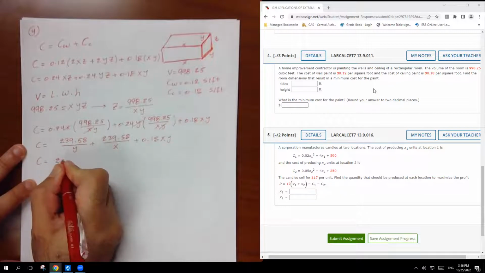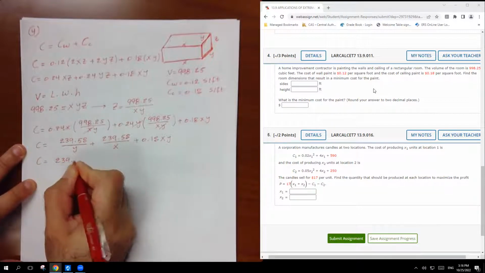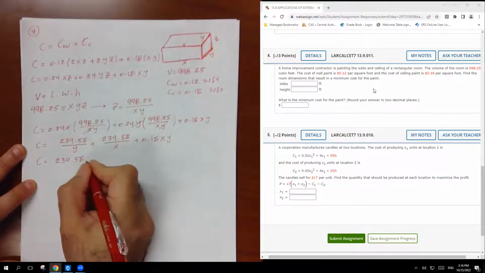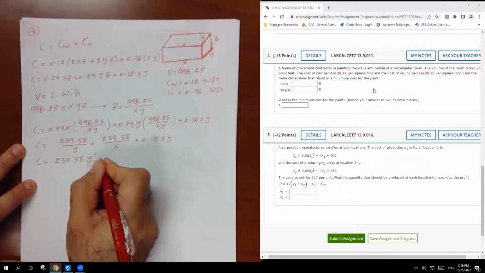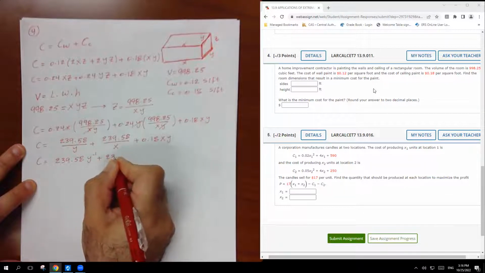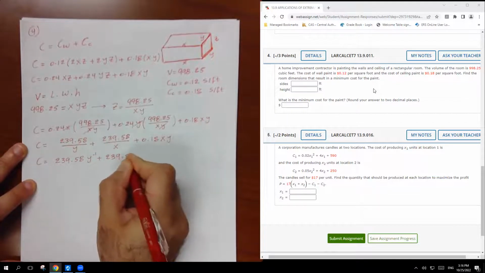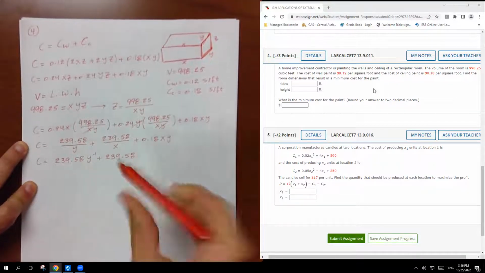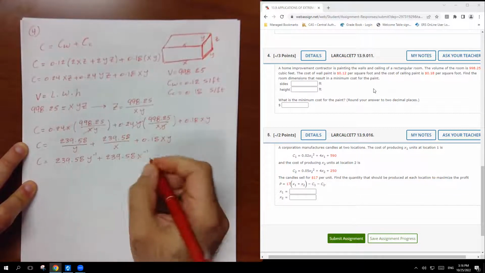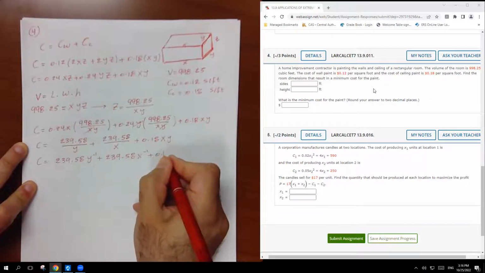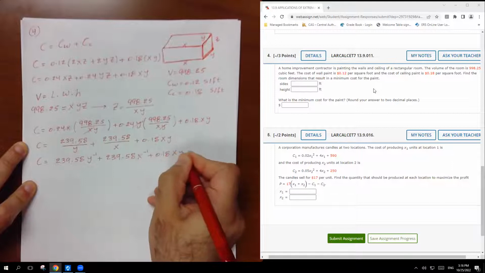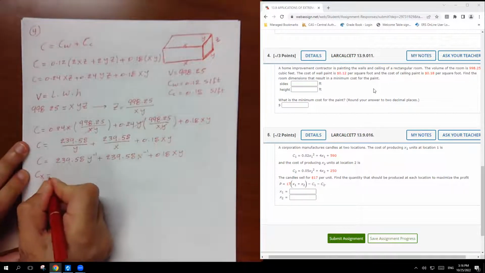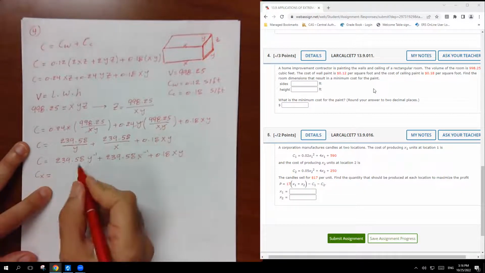So C is going to be 239.58 y to the -1 plus 239.58 x to the -1 plus 0.18 xy.